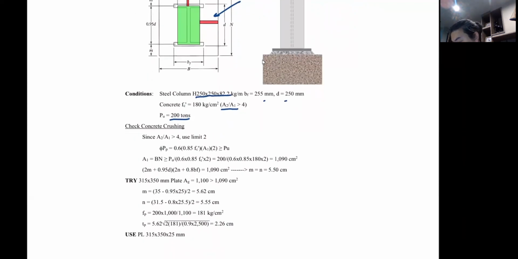Coming down to this, again, I got the factor wrong. At one point I was confused, it's concrete. Anyway, the phi is 0.65, and we have 0.85, FC prime is 180.